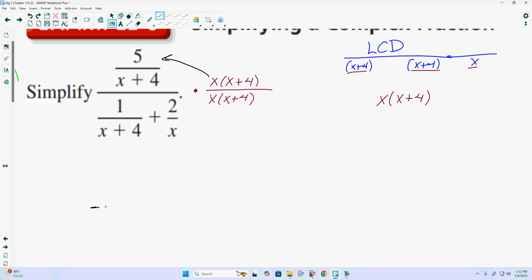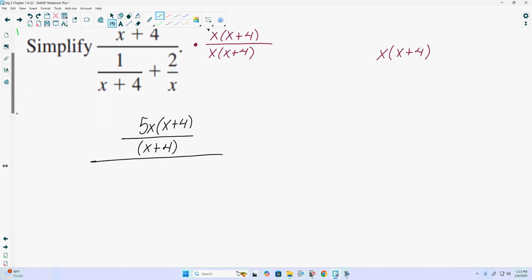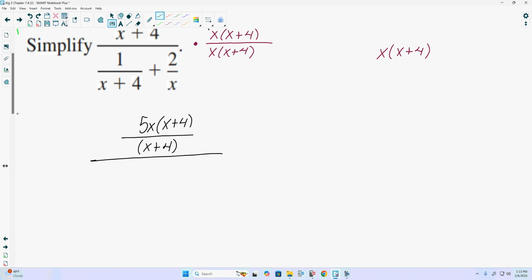So on top, this x times x plus 4 is going to multiply with our 5. Well, 5 times x is going to be 5x times our x plus 4 over x plus 4. On the bottom of the fraction, we're going to do the same thing.